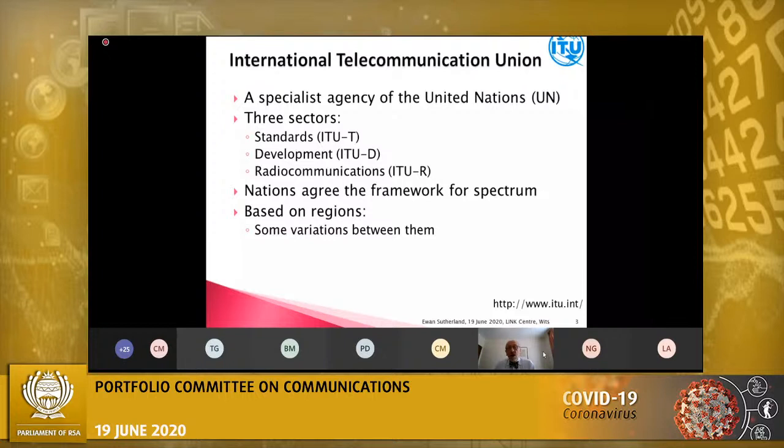Nations agree on the framework for spectrum, and this is in fact based on blocks of countries, so-called regions, with a certain amount of variation between them. So sometimes the frequency is slightly different in one rather than another, but even that is now being somewhat eroded because of the pressure to use equipment in certain bands.